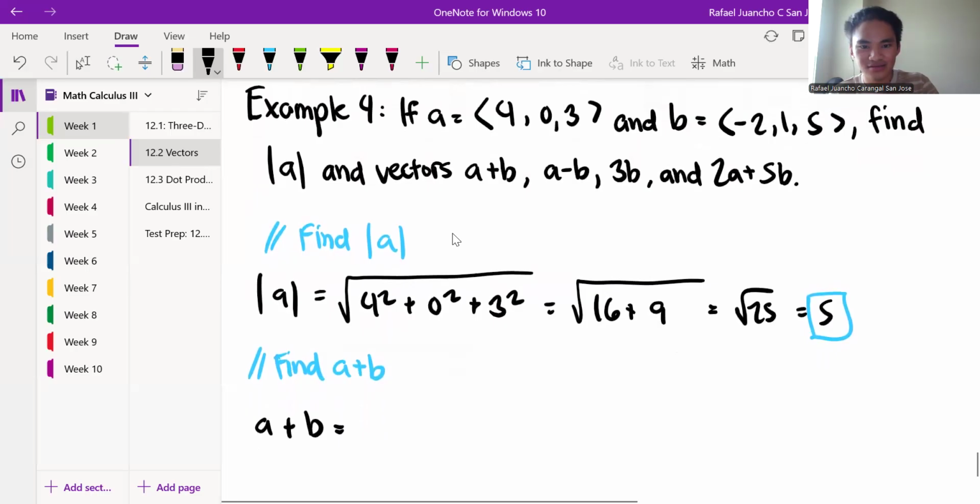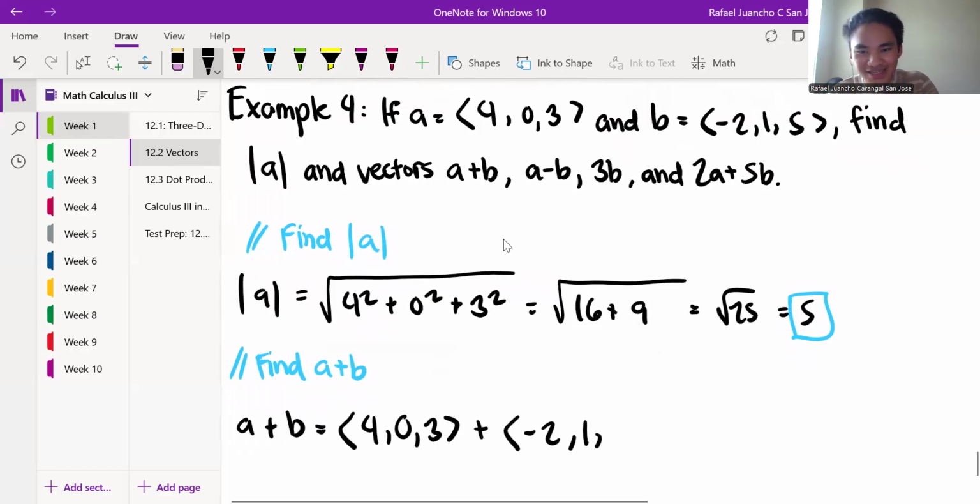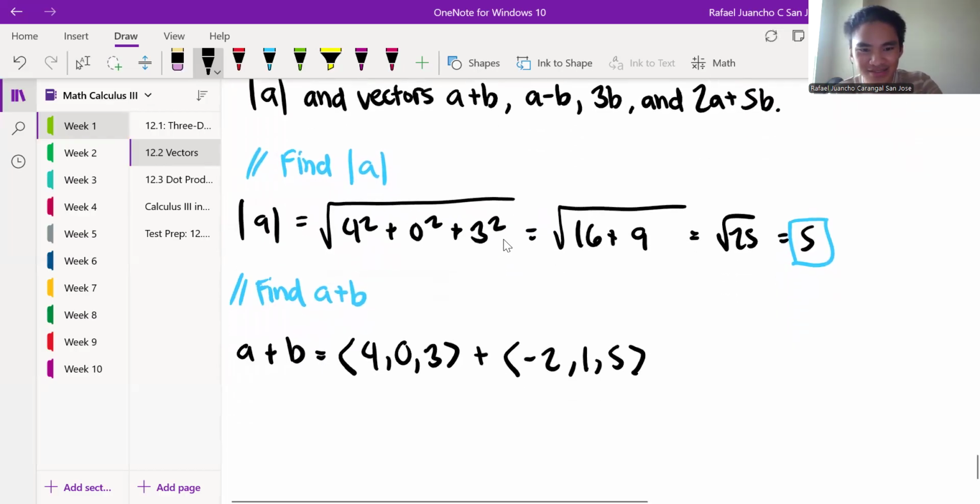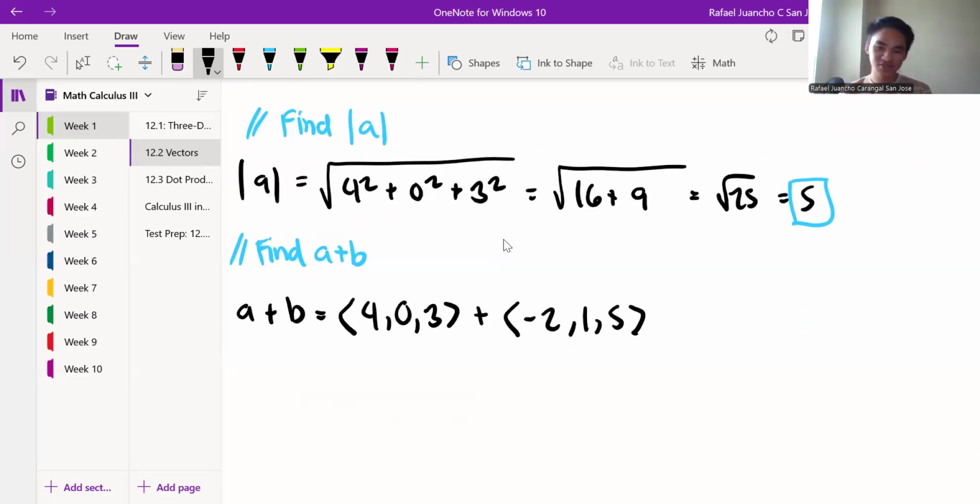This a is 403. This b, we're basically just adding the vectors themselves. That's what's happening. Not geometrically, but algebraically. So we're adding them. And how do we do that? Well, we basically add this one and this one, this one and this one, and then this one and this one.